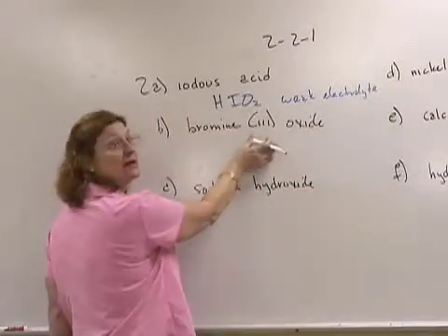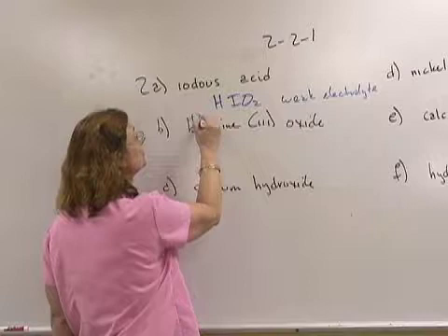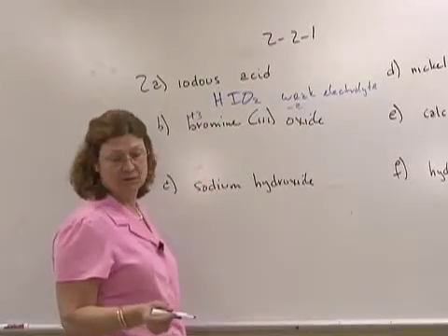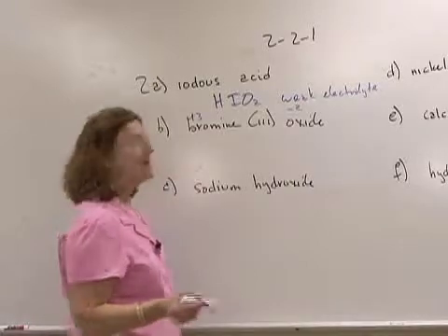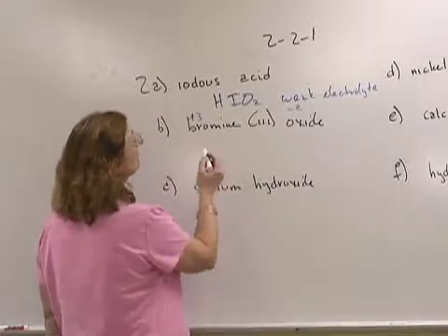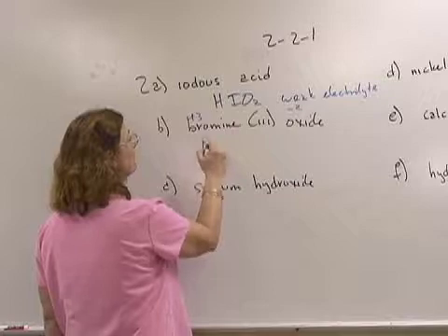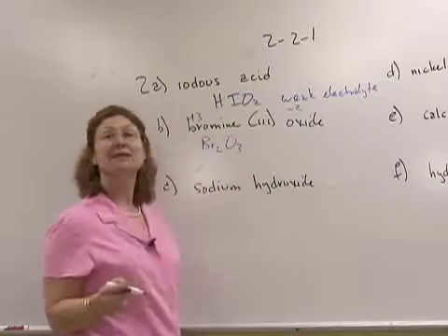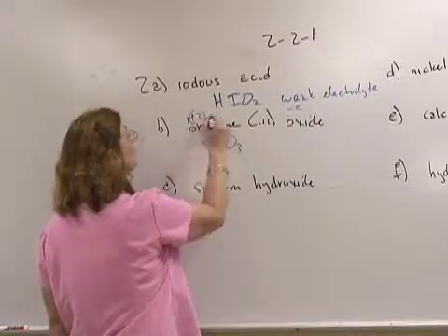This Roman numeral 3 is telling me that bromine is +3. Oxygen is -2. The common multiple between 2 and 3 is 6. So I must have 2 bromines, and 3 oxygens to get +6 and -6 to be 0.